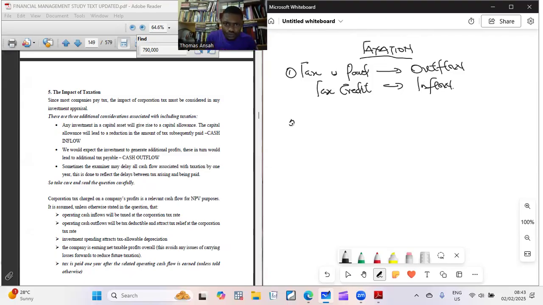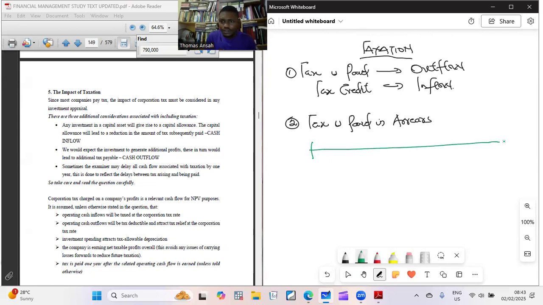Number two, tax is paid in arrears. Take note of that, because if you prepare financial statements, this is your year zero, because you've not done anything, you won't be paying tax in this year.